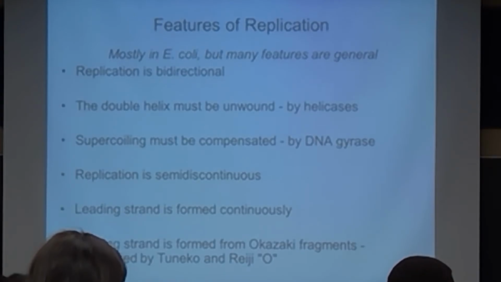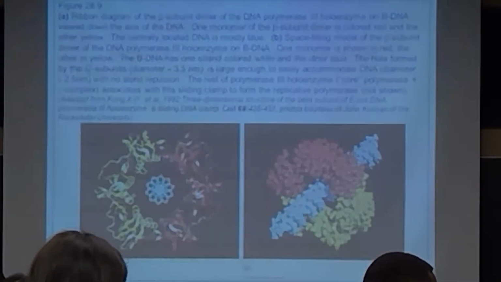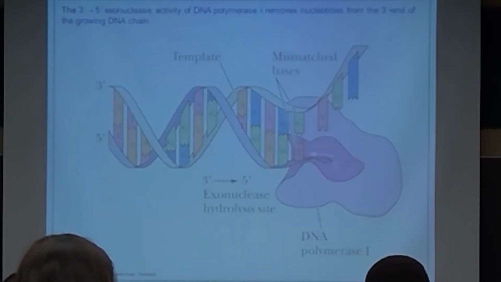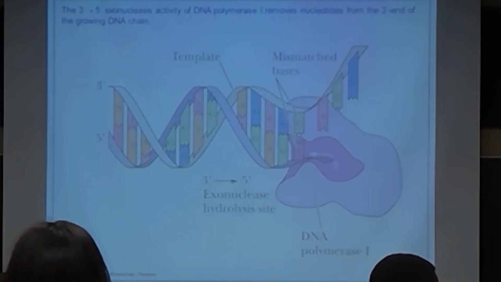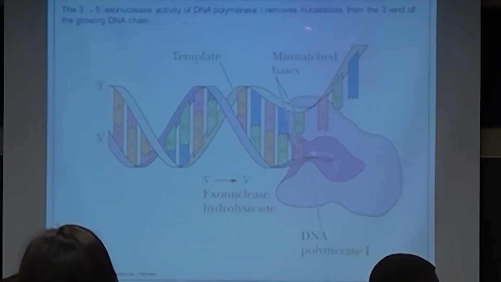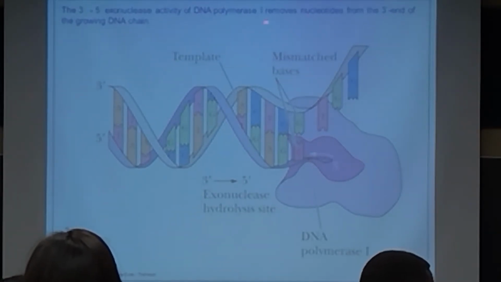So let's review a couple of things. Okay, the 3' to 5' exonuclease activity of DNA polymerase 1, correct, removes the 3' end of the growing chain.